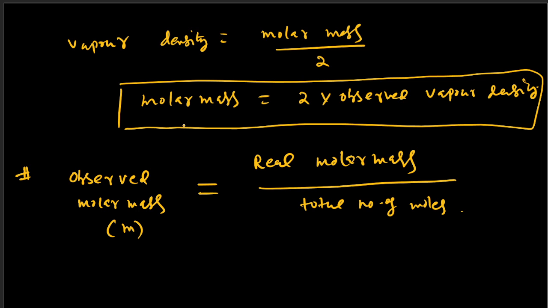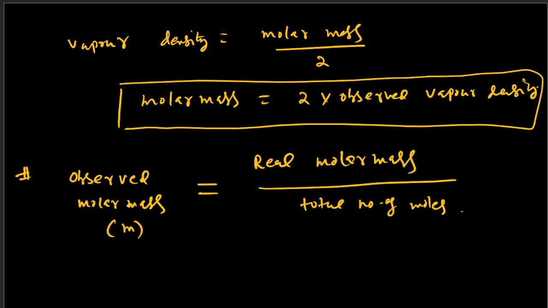So molar mass equals 2 into observed vapor density, and the observed molar mass is also equal to 2 into observed vapor density.